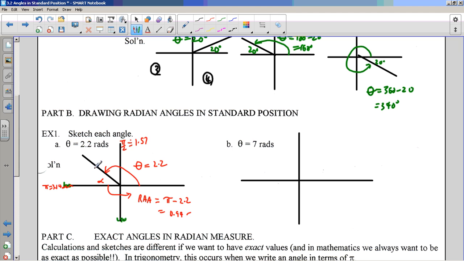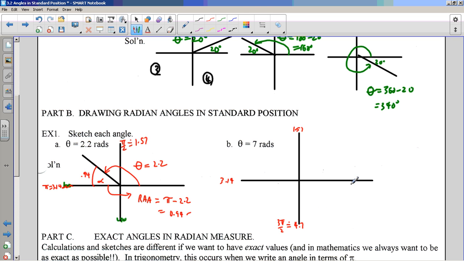So this little angle here is 0.94 radians. Okay, we know that this one was 1.57, this was 3.14. How much was the next one? This is 270, which I think was from homework last night. Again, this is 3 pi over 2, which is approximately 4.7-ish.